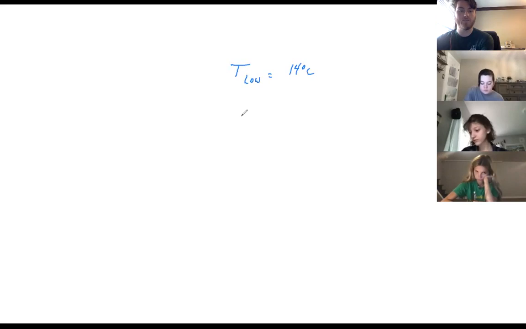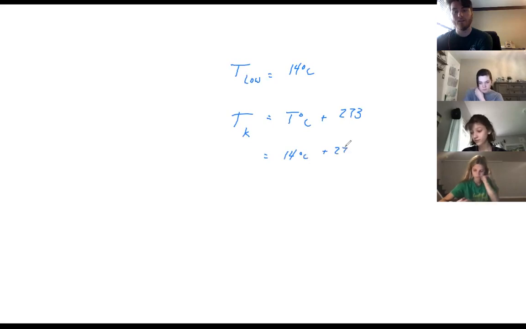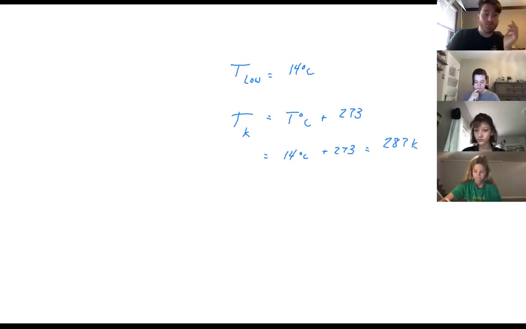If I want to first figure out the temperature in kelvins, I'm going to take the temperature in degrees Celsius and just add 273. So 14 degrees Celsius plus 273. And that's 287 Kelvin. That's your first value.